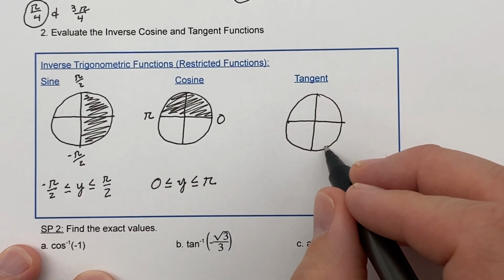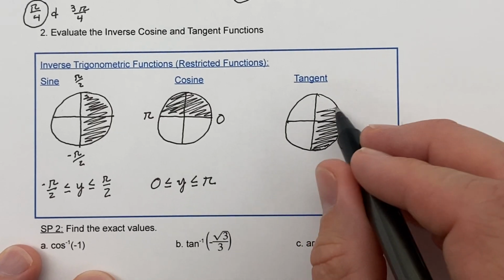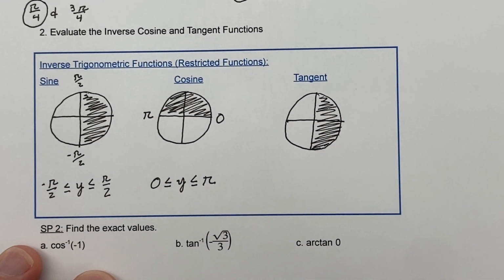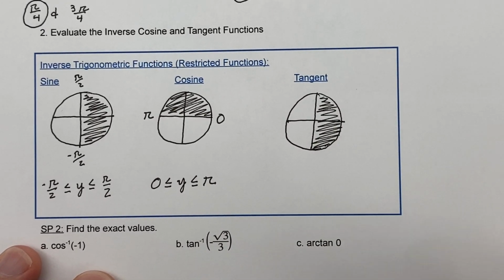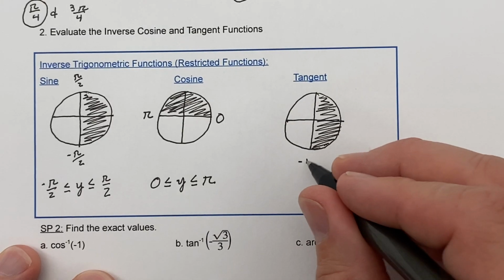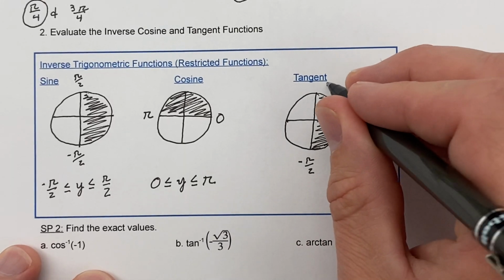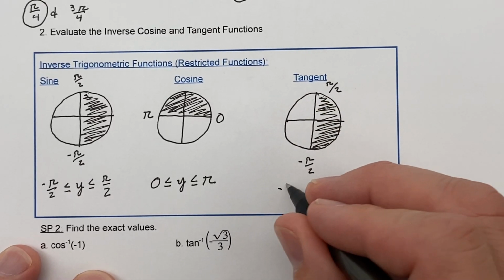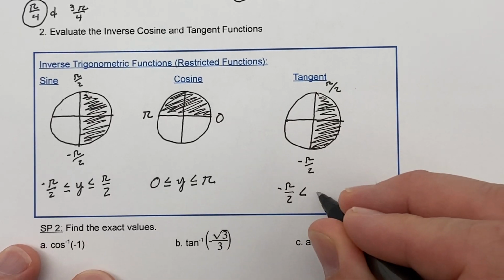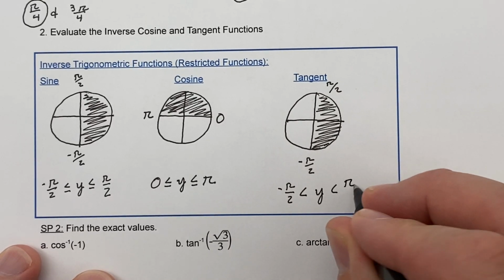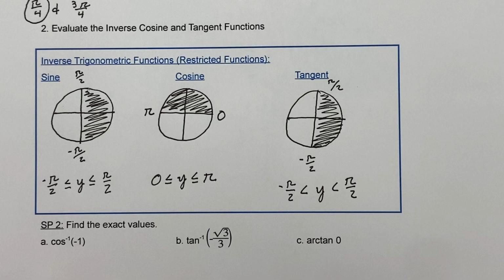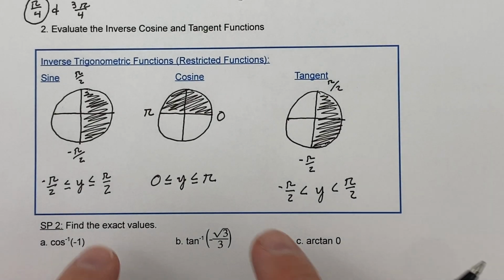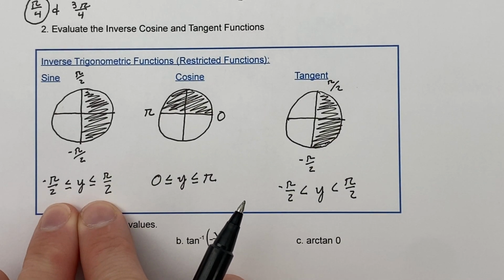And tangent, that's actually the same thing as sine. It's going to be on the right side there. So again, negative pi over 2 to pi over 2. Now we're getting really tedious here. Notice the sine could be equal to pi over 2.